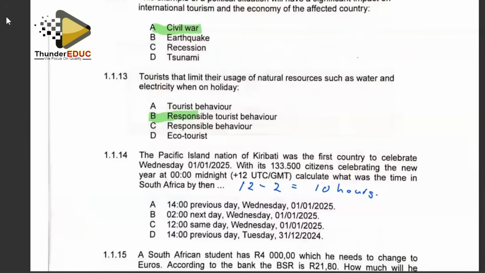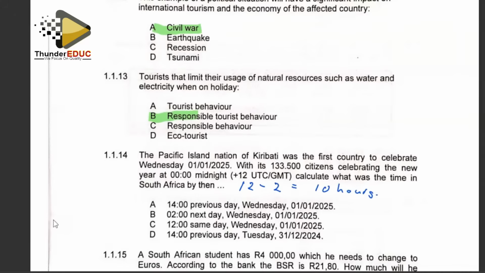It simply means that South Africa is behind by 10 hours, which translates that when it was midnight that side, we need to subtract the 10 hours from the time in the Pacific Islands.